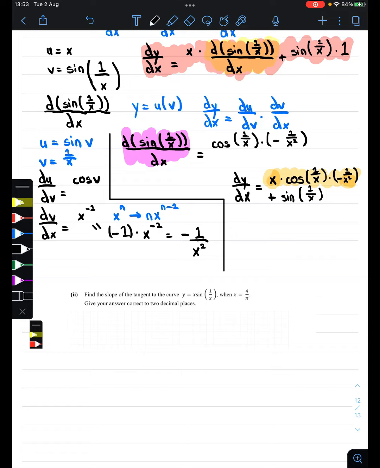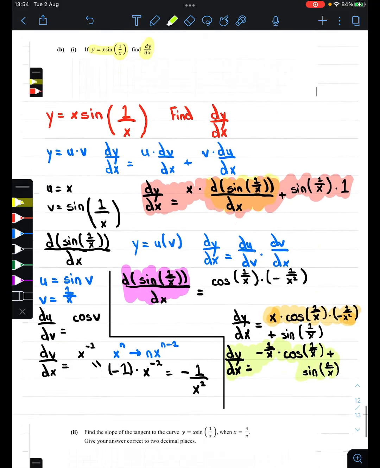So we're just going to get dy/dx equals minus 1 over x times cosine 1 over x plus sine of 1 over x. And that's our answer for the derivative of y.